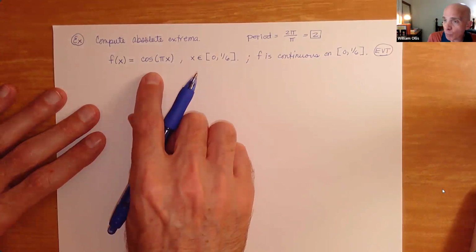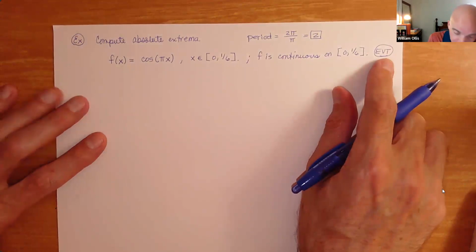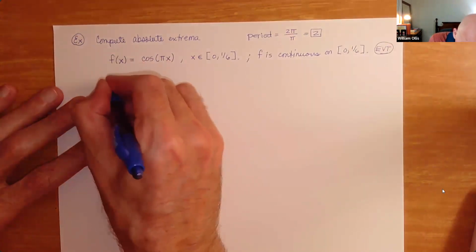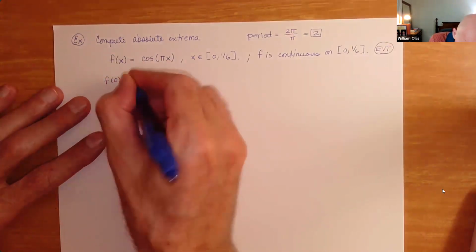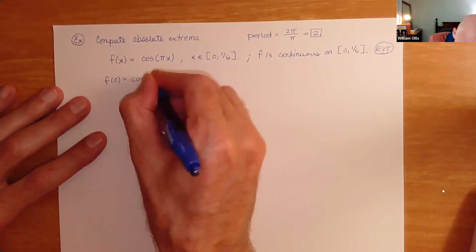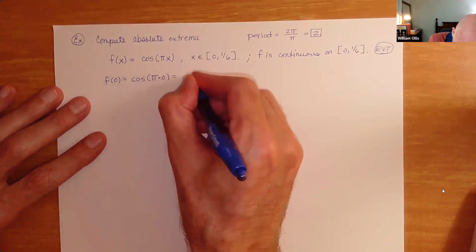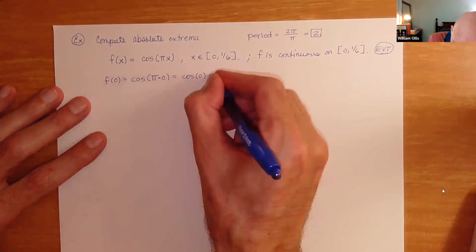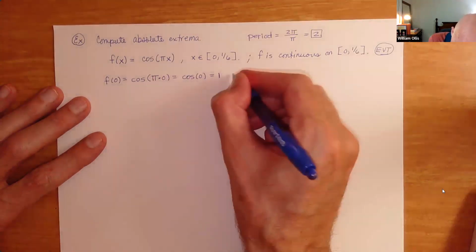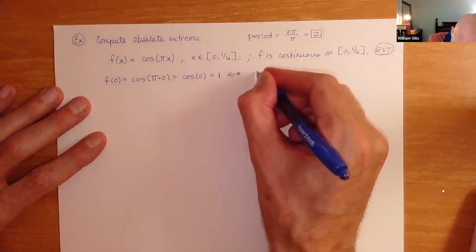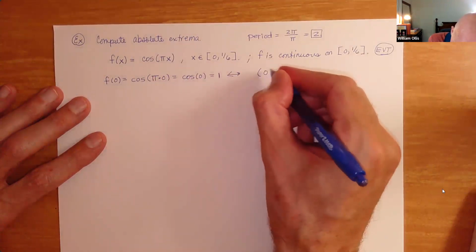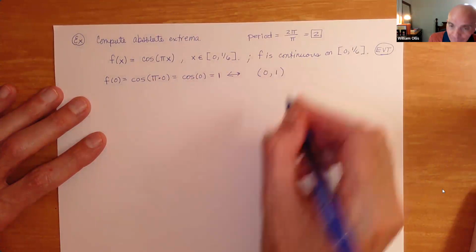So, I mean, that we're going to get from I anyway for free, but we definitely have the EVT. So we can say f of 0 is cosine of pi times 0, which is cosine of 0, which is 1. Okay, so now we can just say here, we've got the combo input of 0, output of 1.